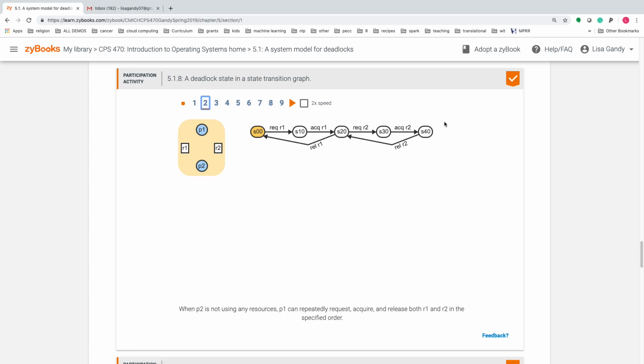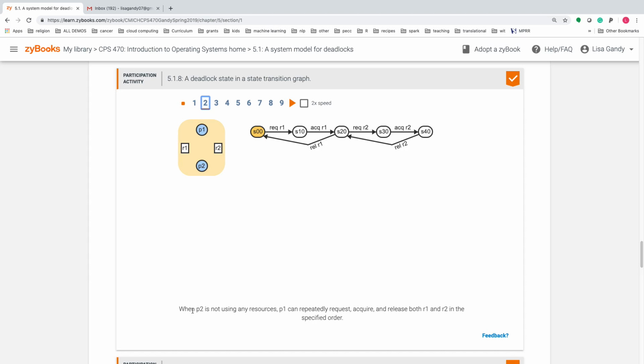So this is what it's doing over and over. This is P1's behavior if it was by itself, if P2 was not around, and it just had the resources to itself.